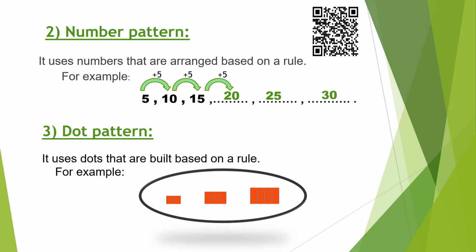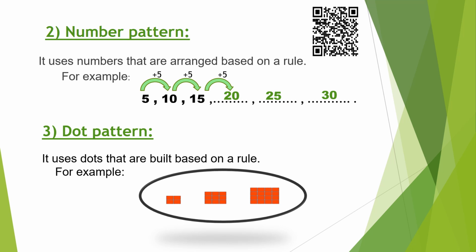The third type is dot pattern. It uses dots that are built based on a rule. Here in the first dots in our pattern, we have 2 dots in each column and 2 dots in each row.